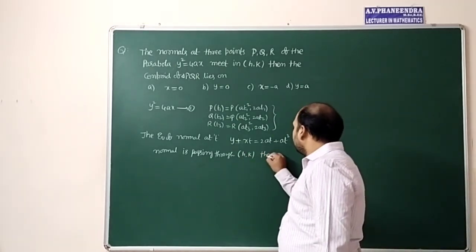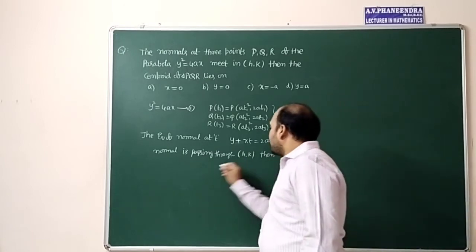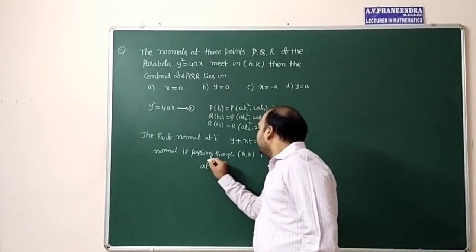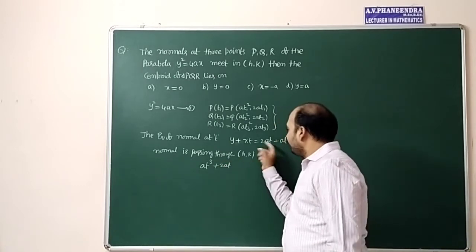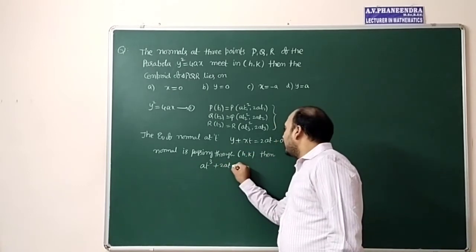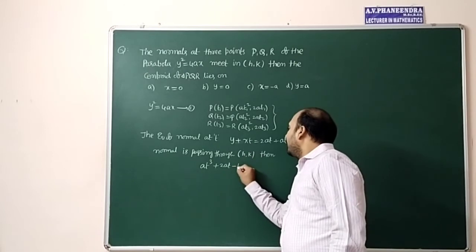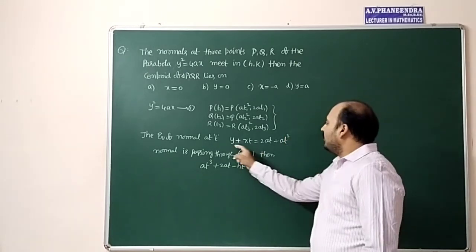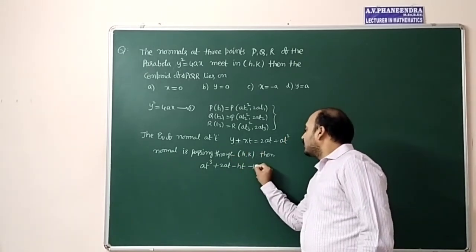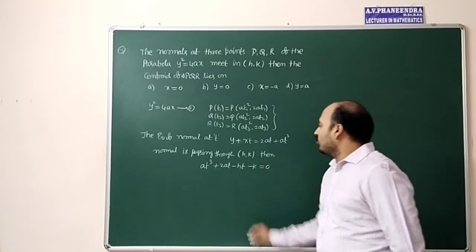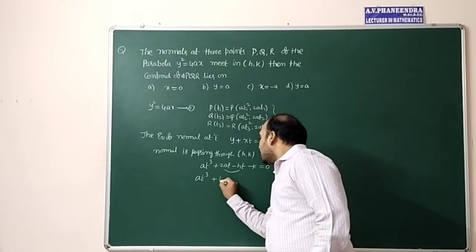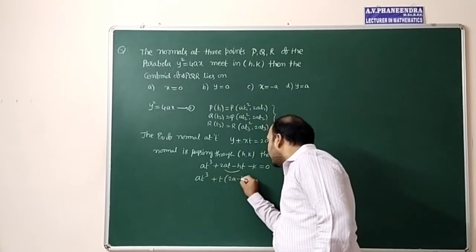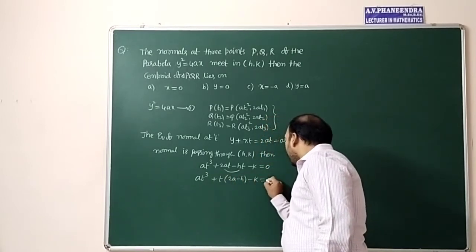Then first I am writing the cubic term at cube plus 2at; this xt we can take to the side, in place of x, h minus ht, in place of y, k minus k equal to 0. From these, t take common: at cube plus t into (2a minus h) minus k equal to 0.